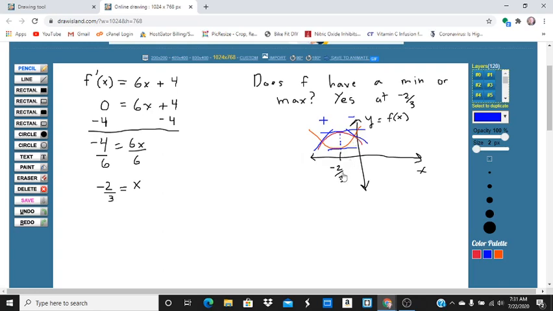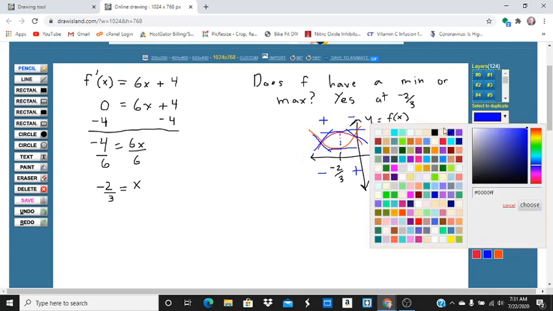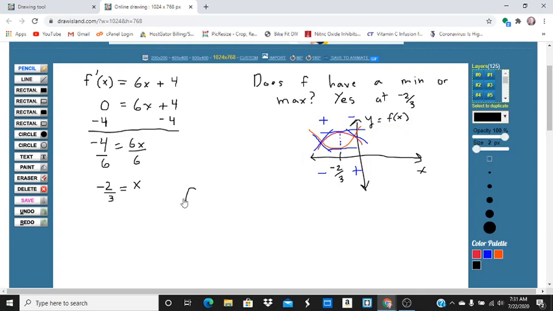If you have a minimum, it's going to be the opposite: negative slope here, positive slope here. So we want to figure out the first derivative before negative 2/3. So let's just pick negative 1. First derivative, evaluate it at negative 1.